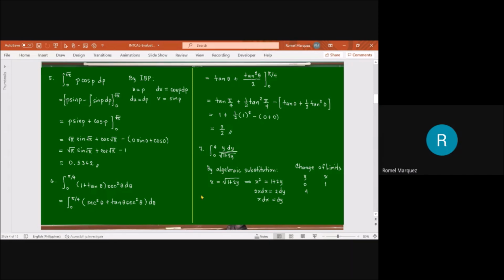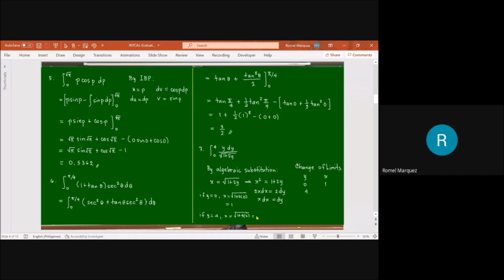So again, if y is 0, what's the value of x? X is equal to square root of 1 plus 2 times 0, and that is equal to 1. What about if y equals 4? So we have x is equal to square root of 1 plus 2 times 4, that is 9, no?